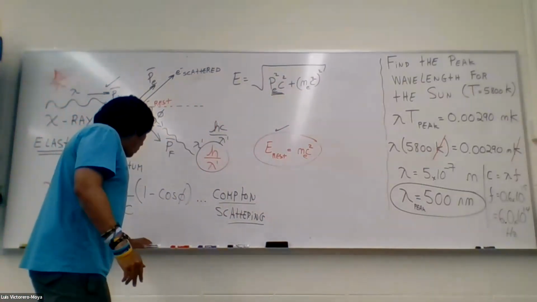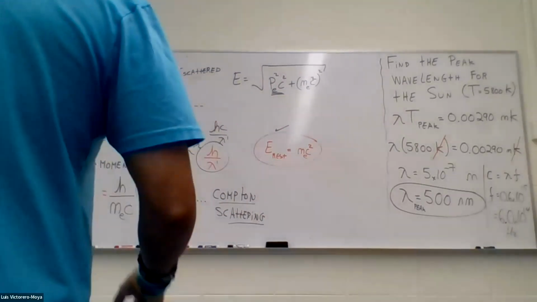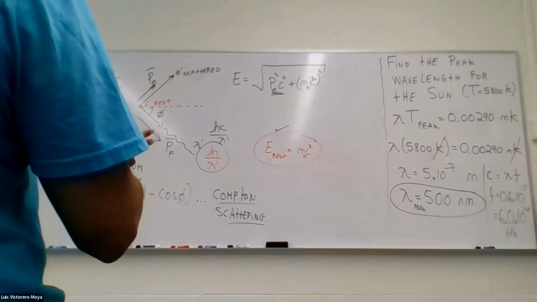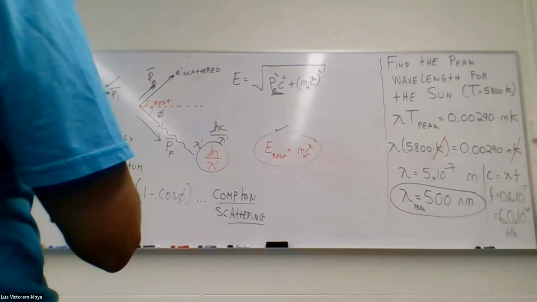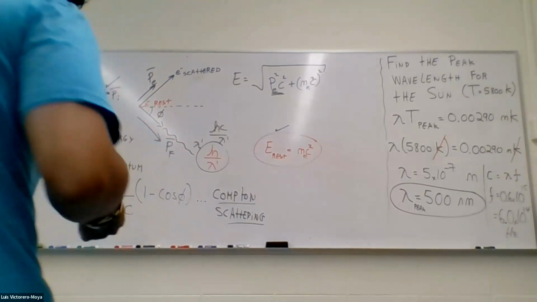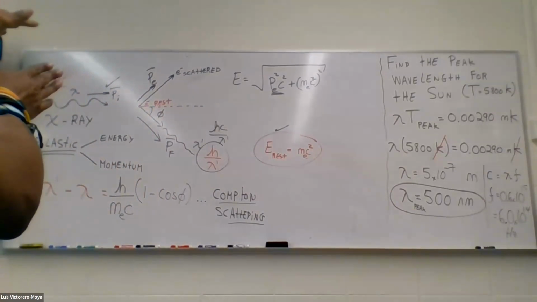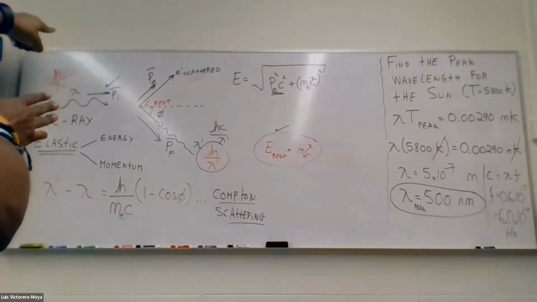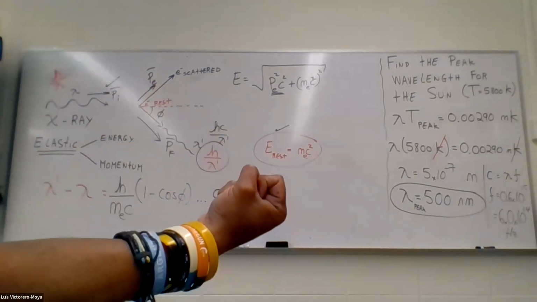But what are the results of this? Well, that we can use classical concepts to prove the equation for quantum scattering, and that an X-ray loses energy and its momentum changes as it has a collision with a mass. An electron has mass.